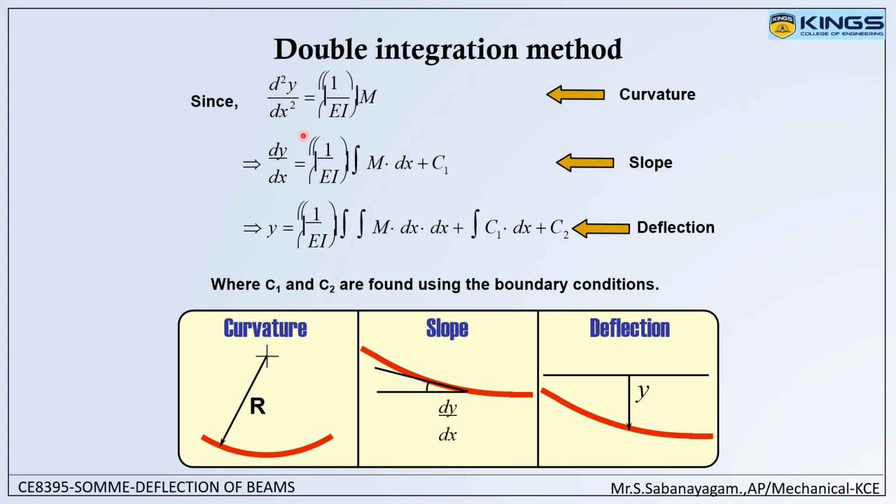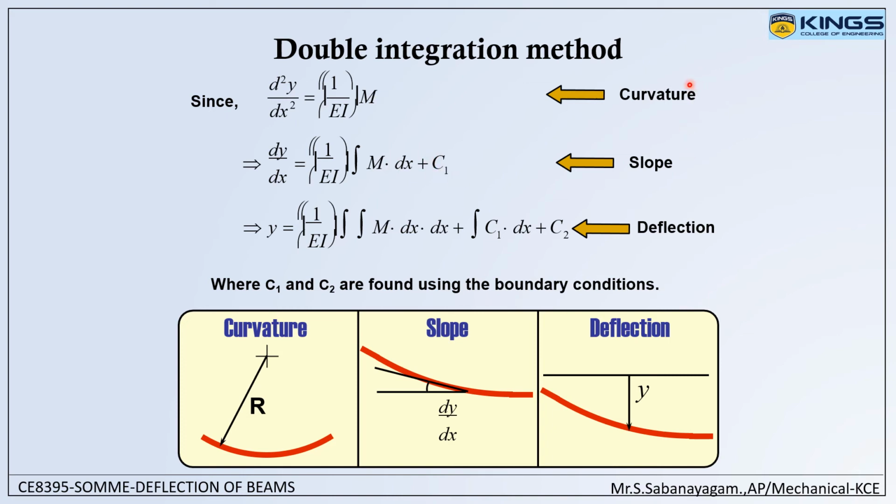That is d square y by dx square is equal to M by EI. That M is taken out and 1 by EI is represented here. So this relation gives the curvature. On integrating this curvature we will get the slope, that is integral of d square y by dx square will become dy by dx, and 1 by EI is the constant one, and integral of M becomes M dx plus c1, a constant.